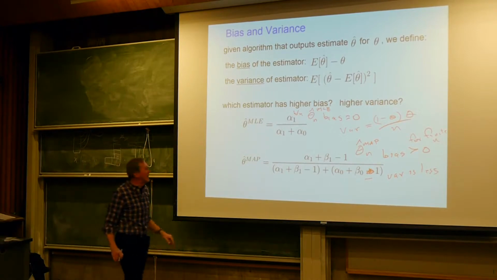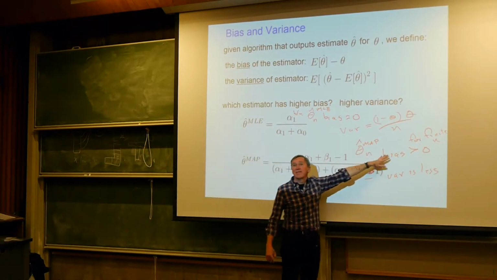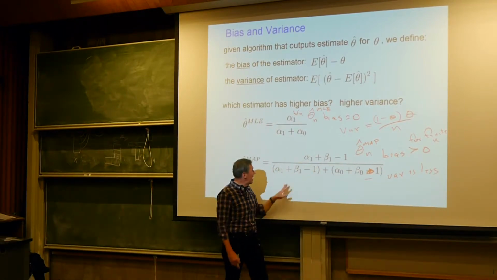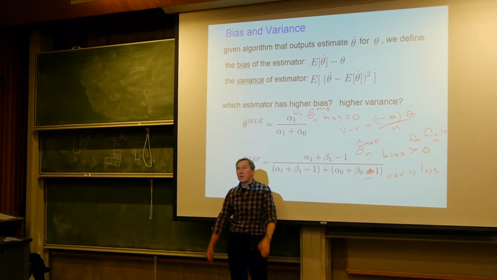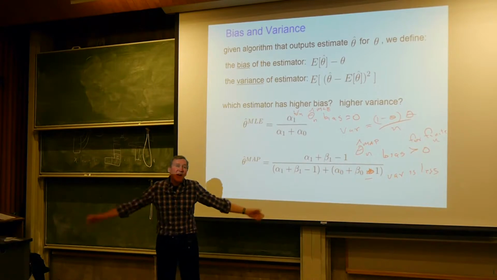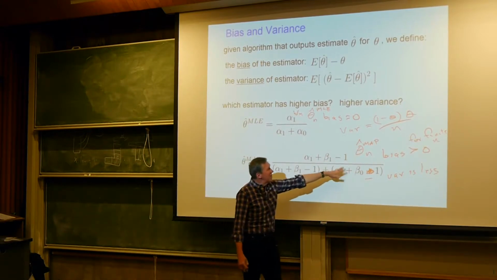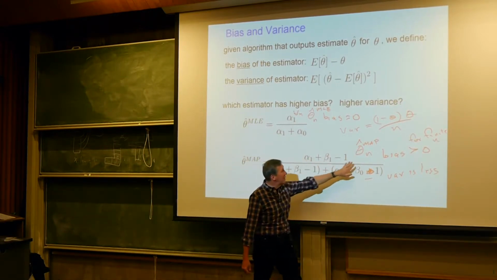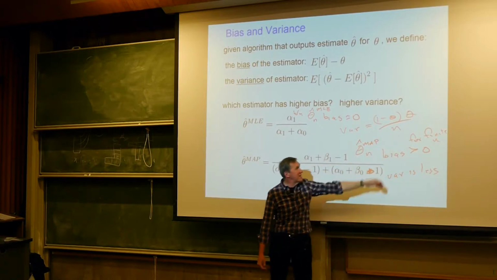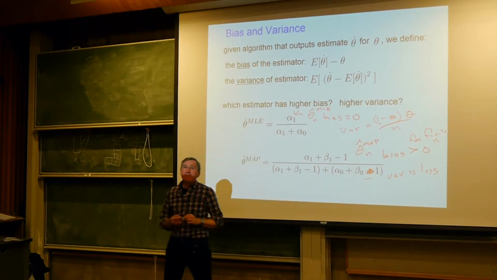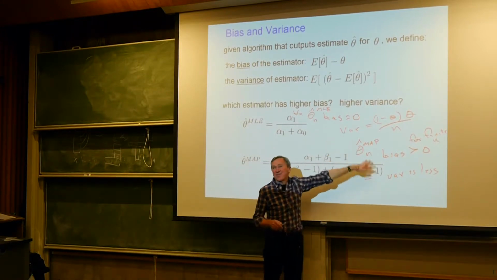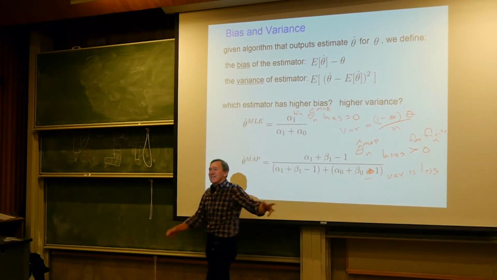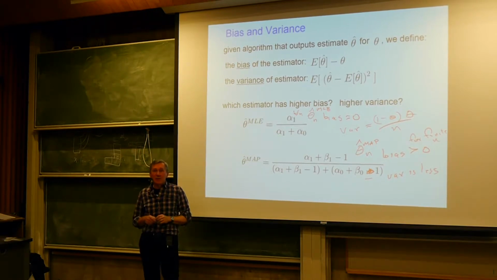As n approaches infinity, its bias approaches 0 too. That's just another way of saying the bigger the alphas are, given that the betas are a constant we picked in advance, the less it matters what those betas are. And as alphas go toward infinity, the bias goes to 0. And then their variances also converge, again because the alphas are the only thing that matter as you go toward infinity.